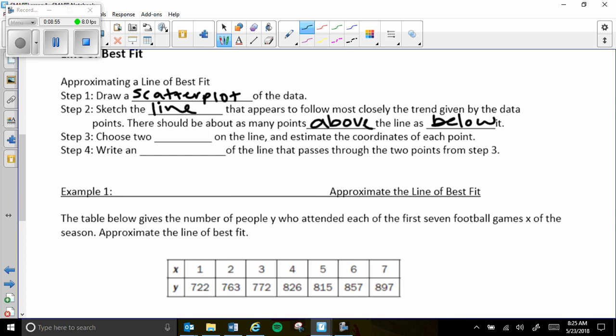Okay, and that gives you a pretty good approximation. Then you're going to choose 2 points on the line and estimate the coordinates of each point. Then you're going to write an equation of the line that passes through the points from step 3. And we'll go through these steps looking at example 1.